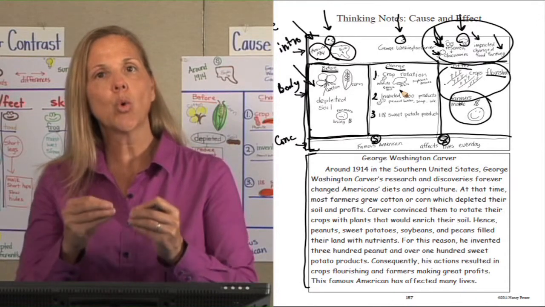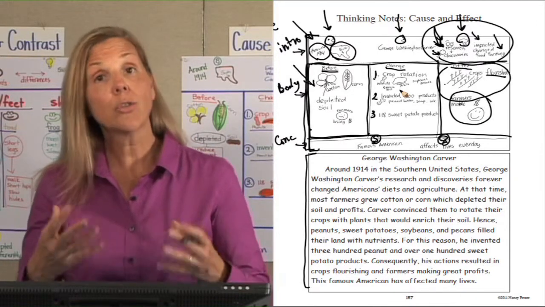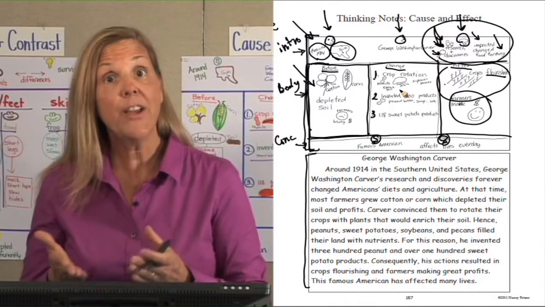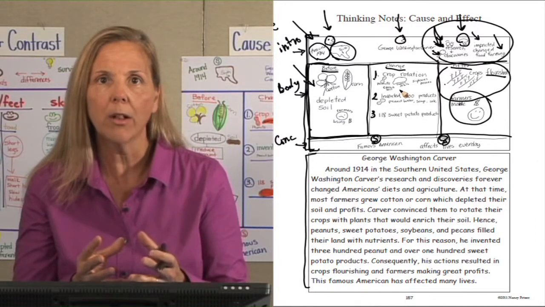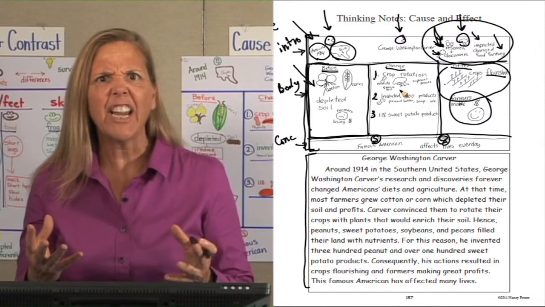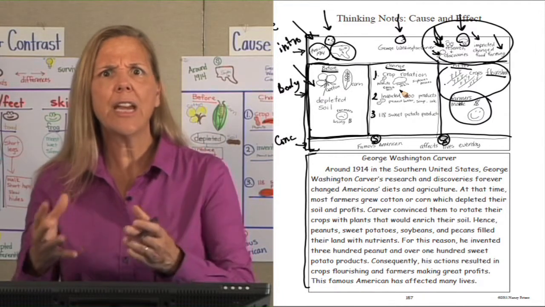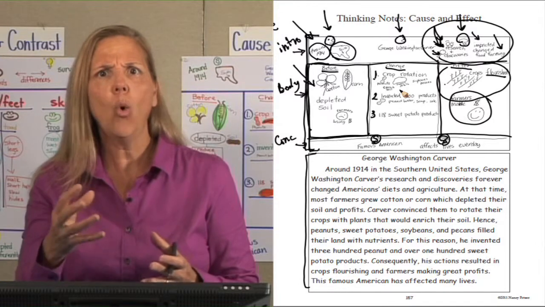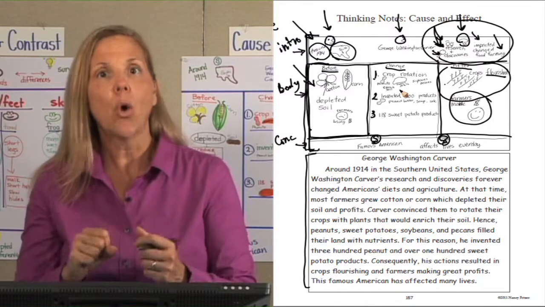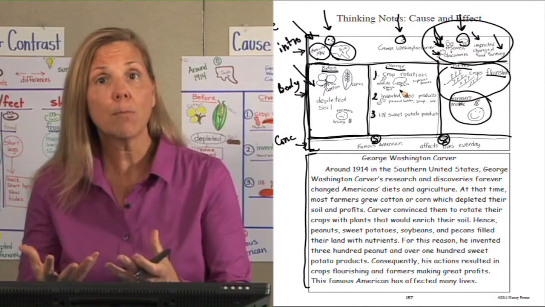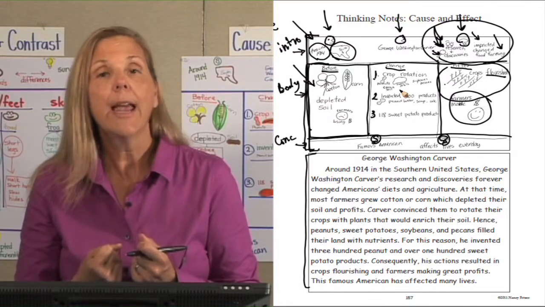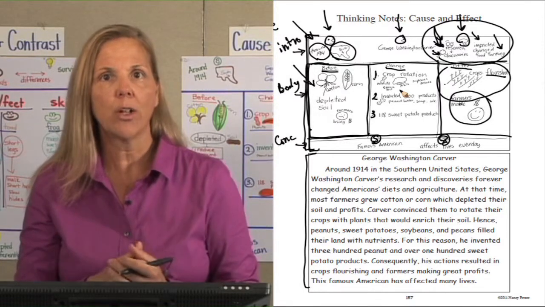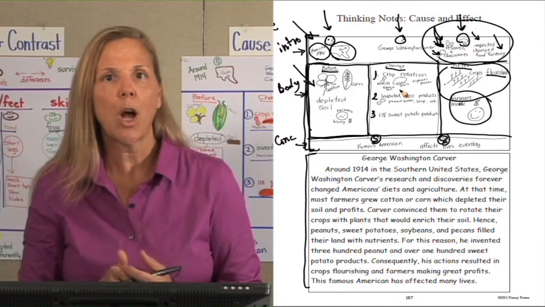So not only are you growing something, but you're also using these specific types of plants that replenish the soil. Wow, what a discovery. He realized that you can't keep growing cotton and corn, they take away the nutrients. So he discovered that there are certain plants that you can actually grow, you can eat, and they replenish the soil using this idea of crop rotation.